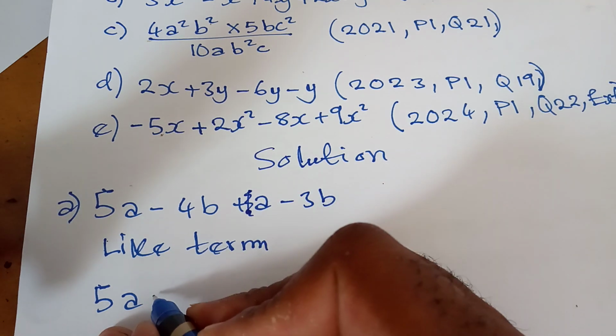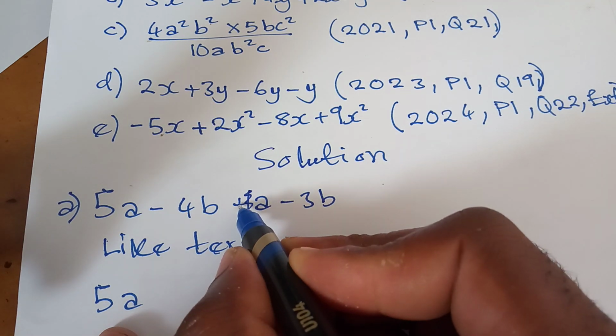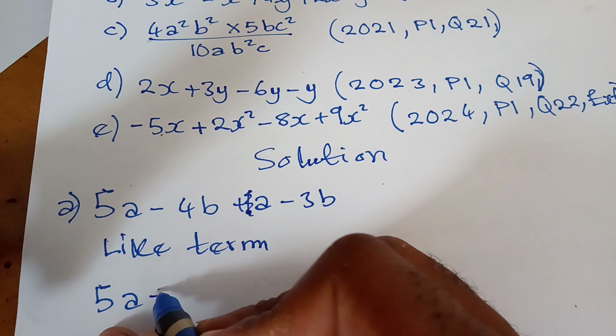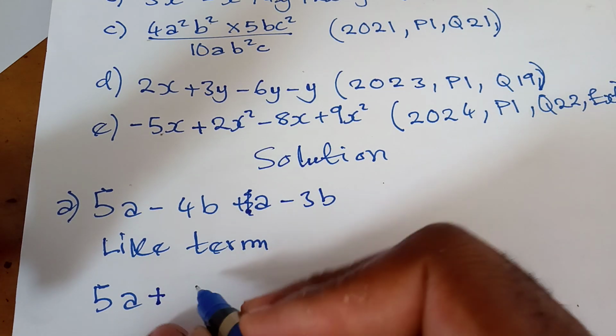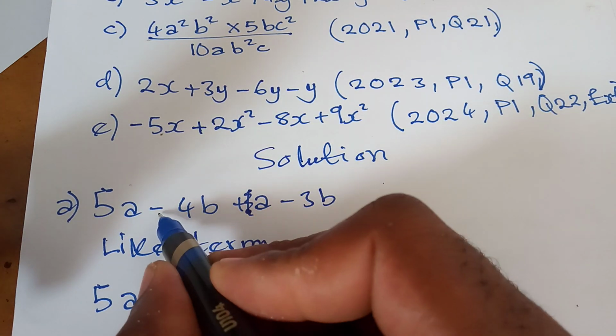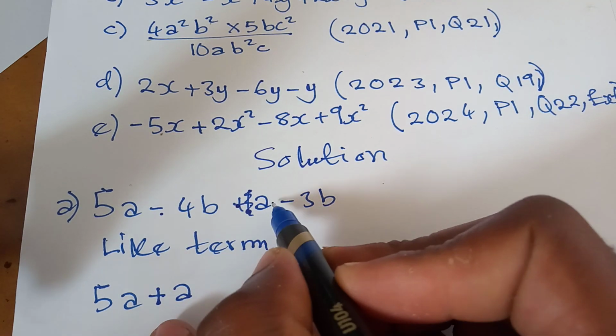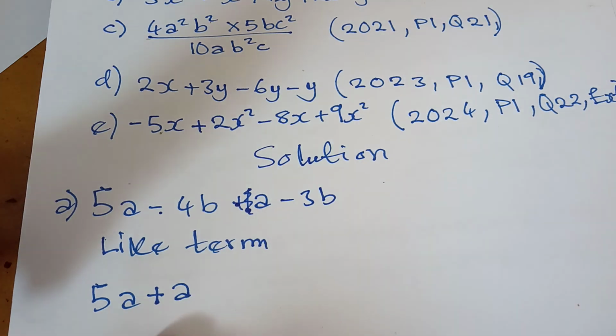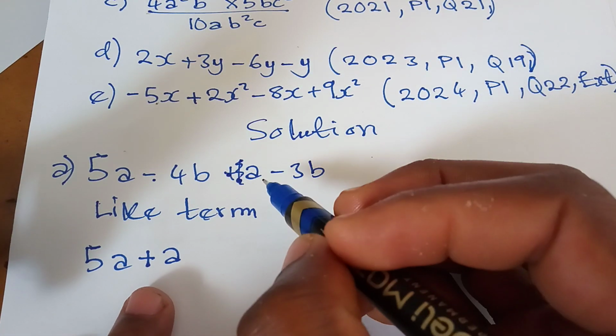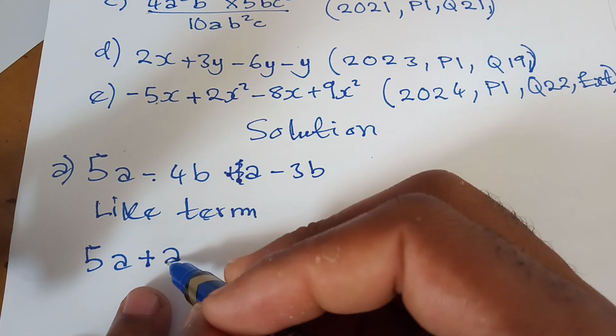So always have an invisible 1. Because we have a plus here, we shall have a plus there. You don't get this minus. Just stick to the sign which is attached to the letter you are moving.